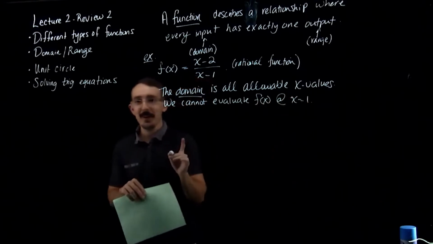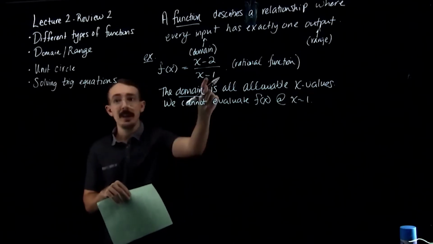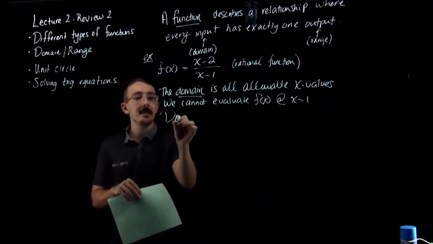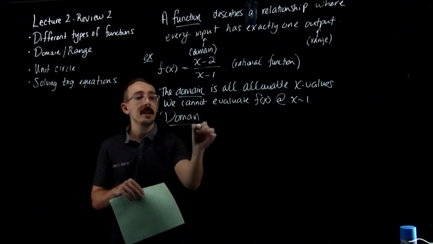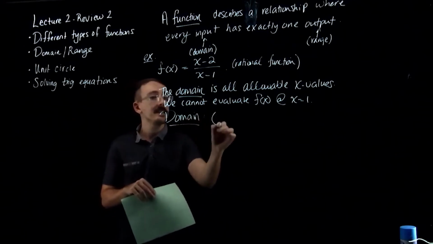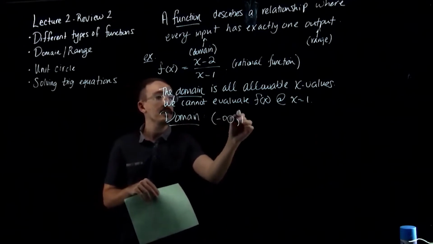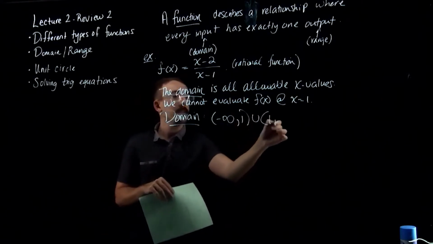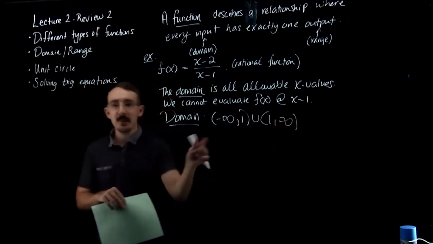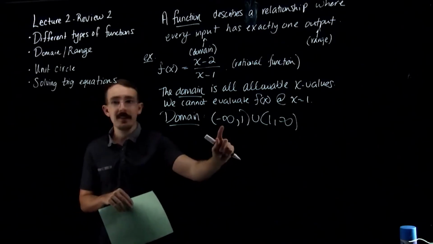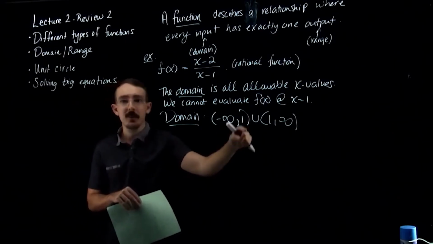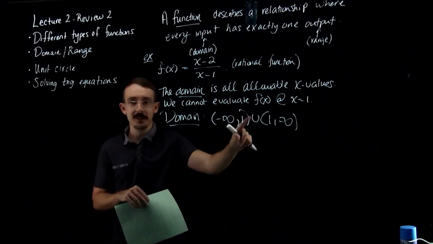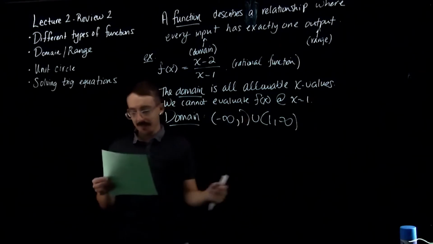That's the only value you can't, because remember, you can't divide by 0. So we would say the domain here is the set of all real numbers, where we exclude 1. The way you write that in interval notation is you have negative infinity to 1, then you jump over 1, and you don't include it by using the parenthesis, and then you do union 1 to infinity.